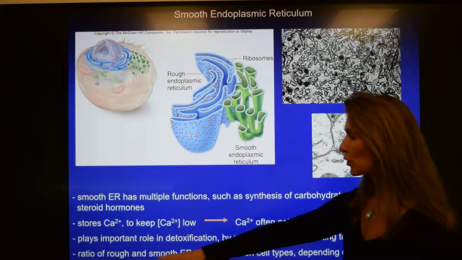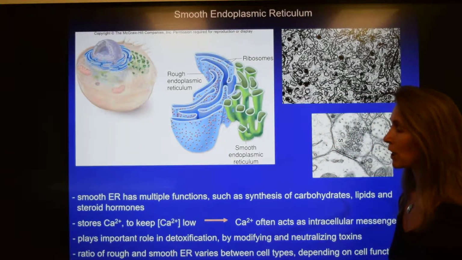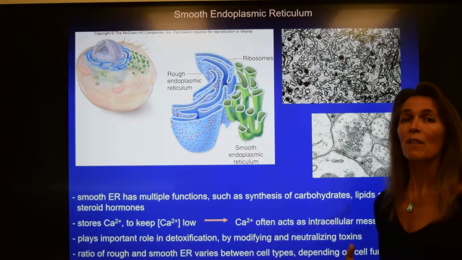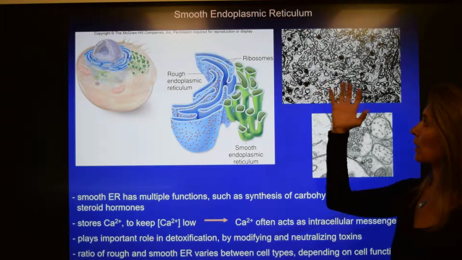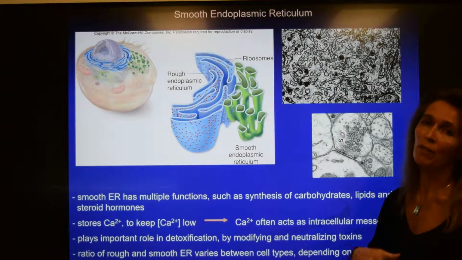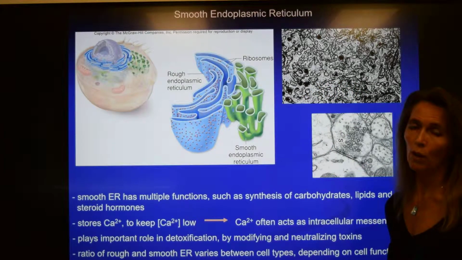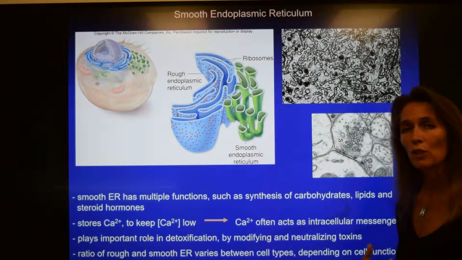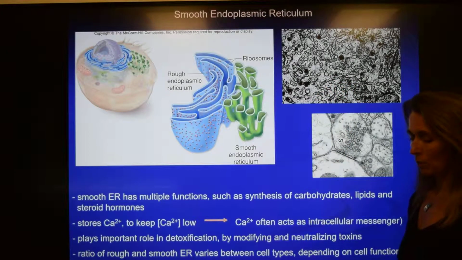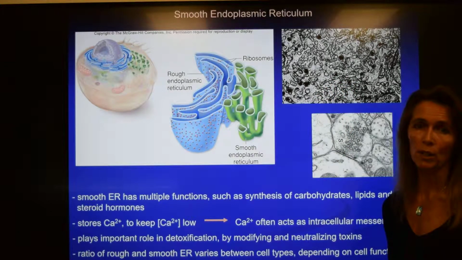And then the ratio of rough and smooth endoplasmic reticulum within cells varies from cell type to cell type. Hepatocytes or liver cells, for example, have a very high ratio of smooth endoplasmic reticulum because they have a lot of those functions in which the smooth endoplasmic reticulum is involved.